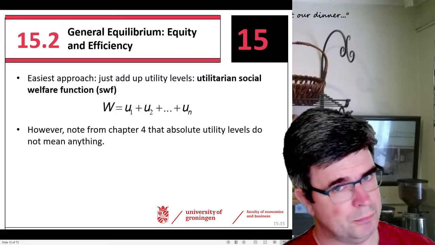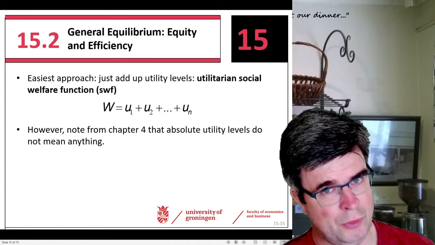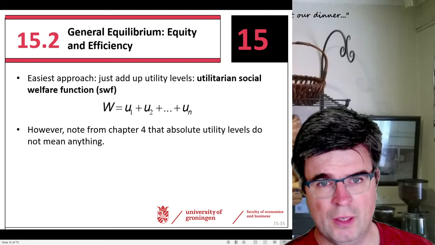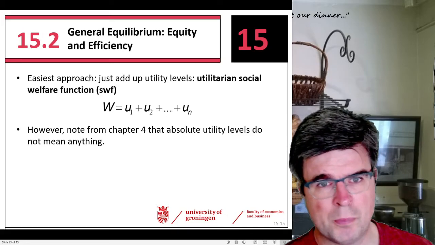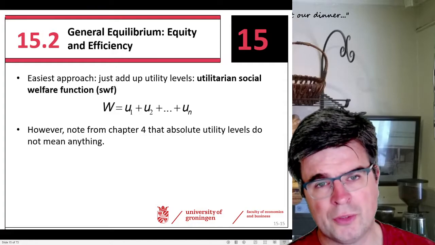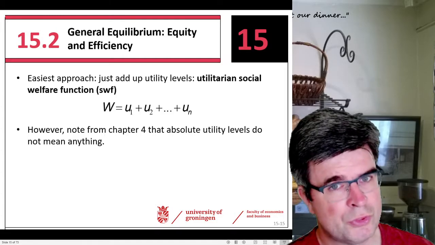However, we run into a problem here because we already found out that absolute utility levels don't mean anything. They don't represent the units of pain or pleasure that people experience. They just are a measure to rank people's observed choices.